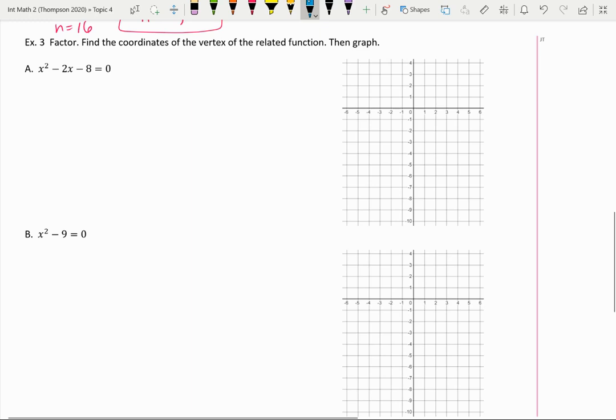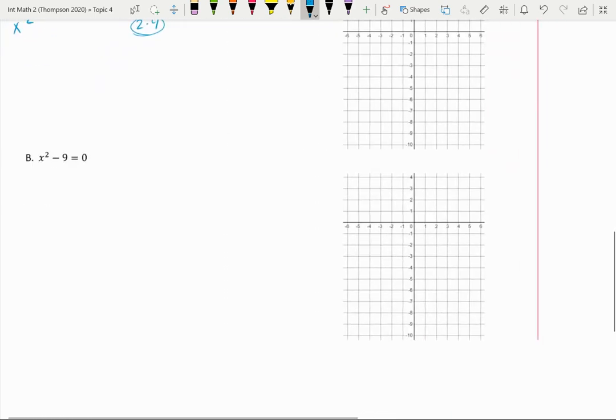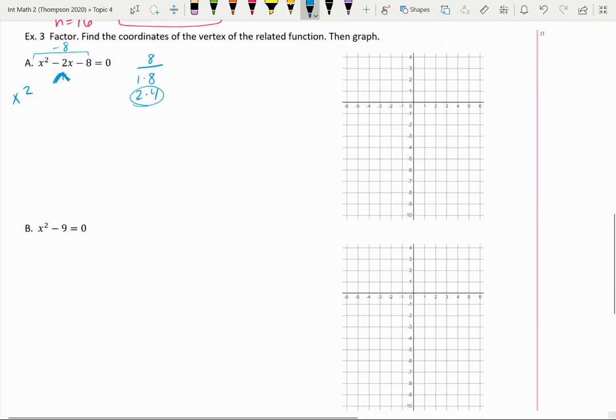I'm going to go through the steps of factoring. So 1 times -8 and -2. What numbers multiply to -8 and add to 2? Well, there's not a lot that multiplies to 8. Okay, so I rewrite that middle term. I get x squared. Whoa. To get a -2, I'm going to have a plus 2x and a minus 4x.